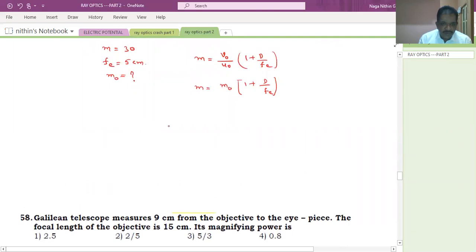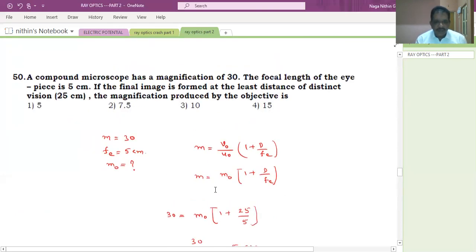So m value will be 30. M naught value we have to calculate. D is 25, FE value is 5. So m naught is equal to 30/6. This will be 5 centimeter.